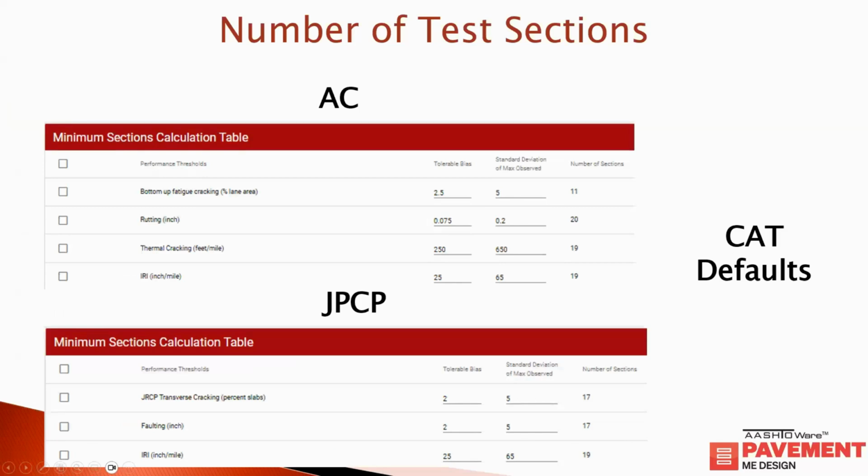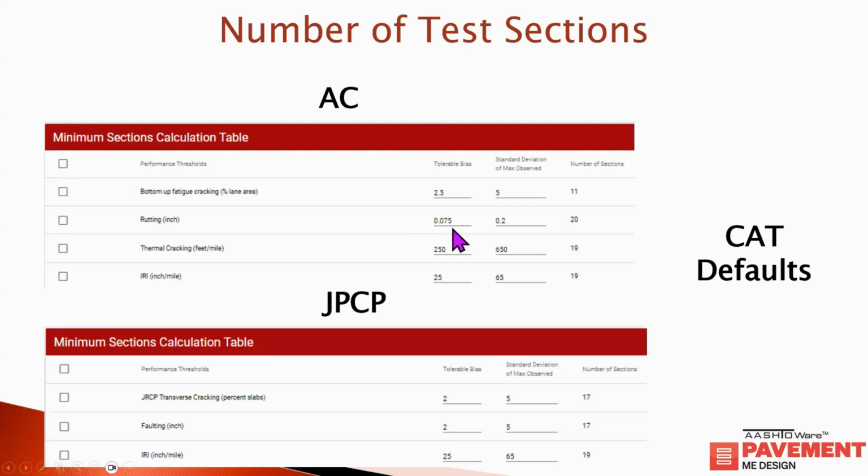And there's basically a table that you can enter this in and generate the number of sections. So this is showing you the default for both asphalt and concrete. And again, this is assuming a Z-variate for 90%.